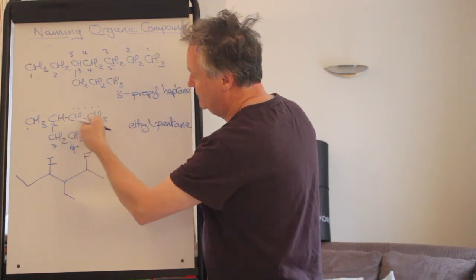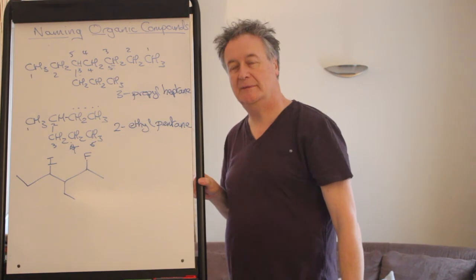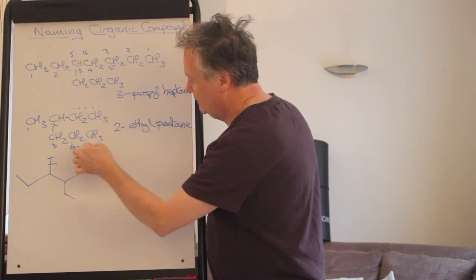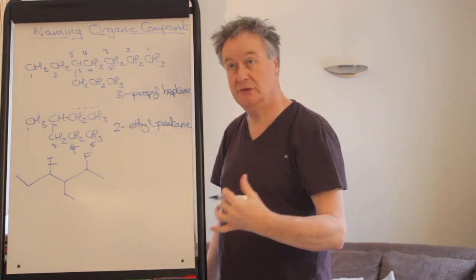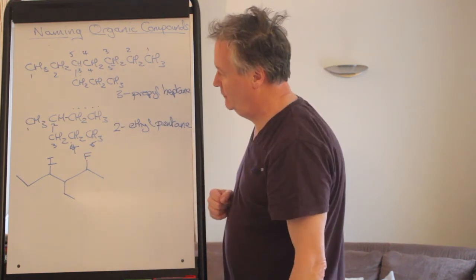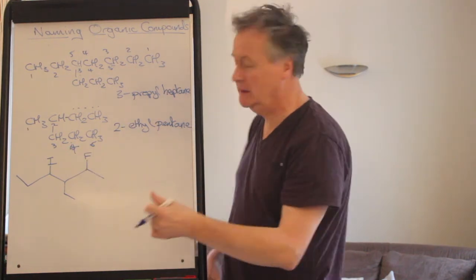So the ethyl, which is here, is coming off carbon 2. So it's 2-ethyl pentane. It's not numbered in the other direction, 1, 2, 3, 4, because it's not 4-ethyl pentane. That's wrong, because you need 2, because the 2 is lower. So here we are, 2 alkanes named. Slightly shoddy looking 4, but there we are.